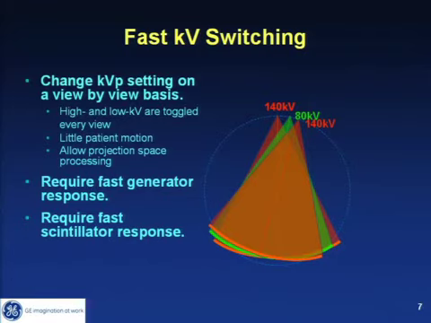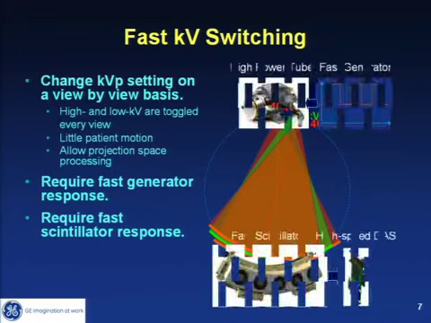In order to achieve this, we actually more than double the sampling frequency because we want to support all the necessary sampling criteria. In this case, the time interval between high and low kVp is a small fraction of a millisecond. To achieve that, there are a lot of technical challenges.